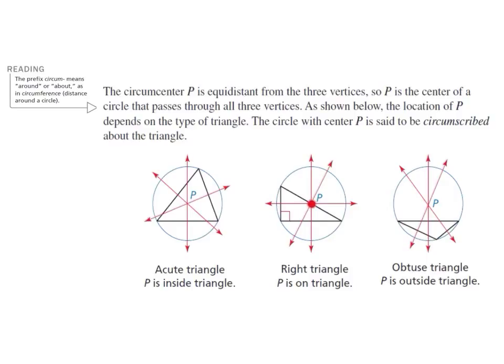So in other words, the circumcenter of a right triangle always appears on the triangle. And for an obtuse triangle, when I bisect all three sides, the intersecting point of all three perpendicular bisectors will be on the outside of the triangle. So the circumcenter of an obtuse triangle will always be outside of the triangle.